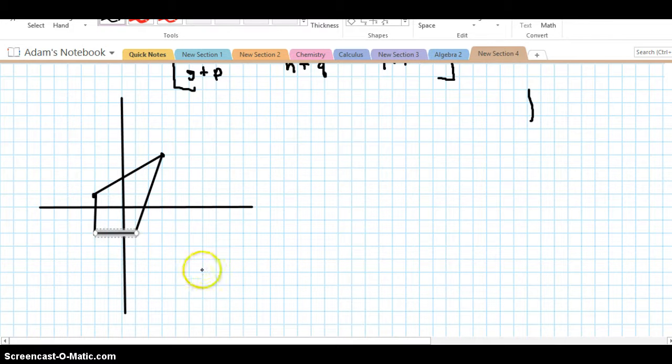Alright, now let's say we want to shift this 5 units up and 1 unit to the right. So what I could do is make a matrix out of the points. We have the point -2, -2, which represents x and y, by the way. We have a point at 1, -2. We have a point at 3, 4.